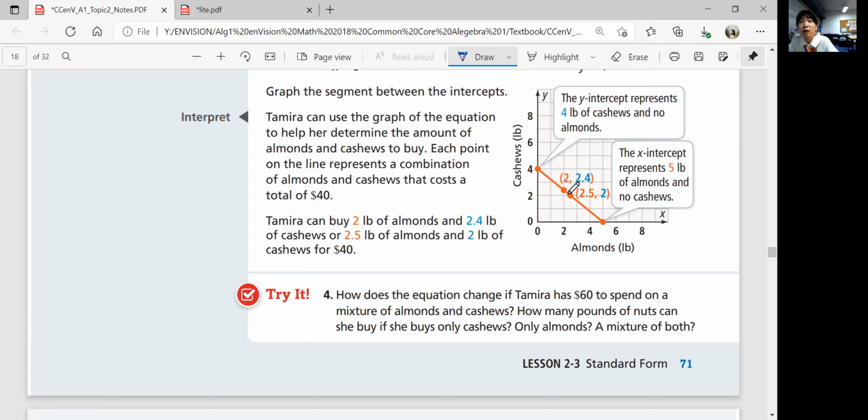Obviously, if you want to go further than that, like 2.55, 2.57, whatever, you could, but in this problem, we're going to stop here. Okay, that's enough for us.